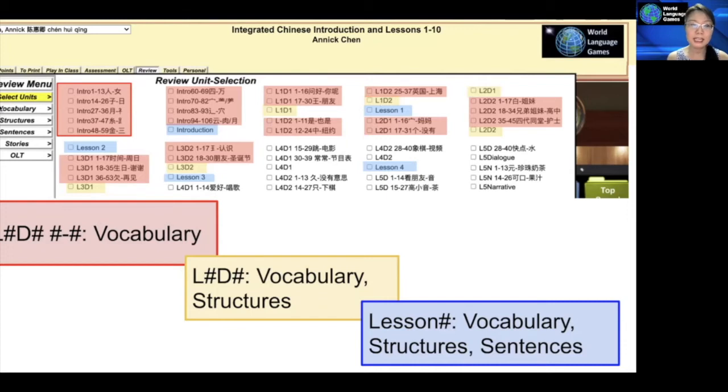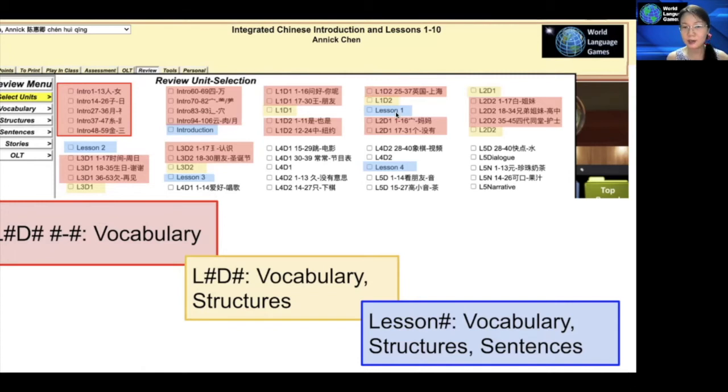If you select vocabulary, you'll be able to play the games. And if you select the blue one, lesson 1, you will be able to practice all of the structures from lesson 1, from lesson 1 dialogue 2 and lesson 1 dialogue 1. After you select lesson 1 from the unit, then you'll be able to select structures and practice all of the structure games right there.